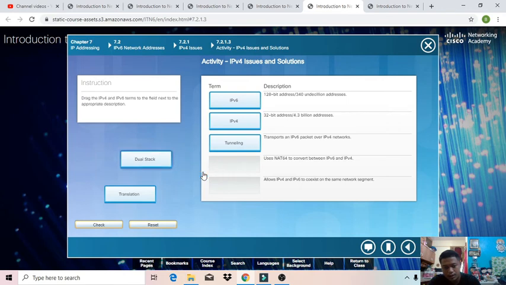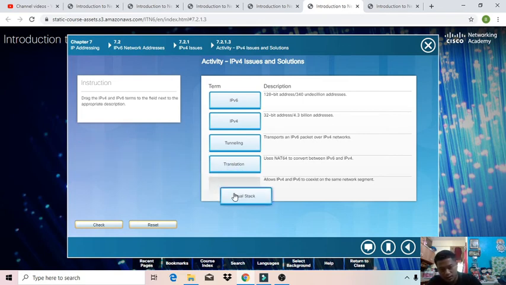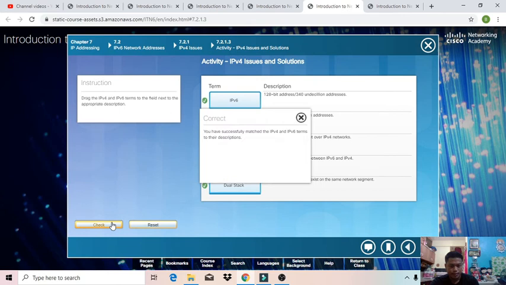That is translation. Allows IPv4 and IPv6 to coexist on the same network segment. So these are the terms and their descriptions. I think it is correct because I read the chapter 7 lesson and I understand chapter 7. So that's correct.